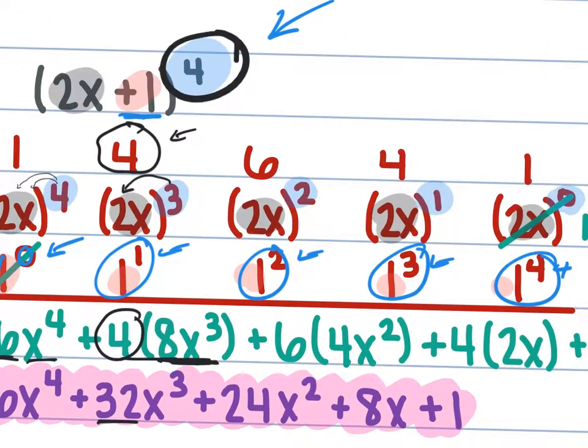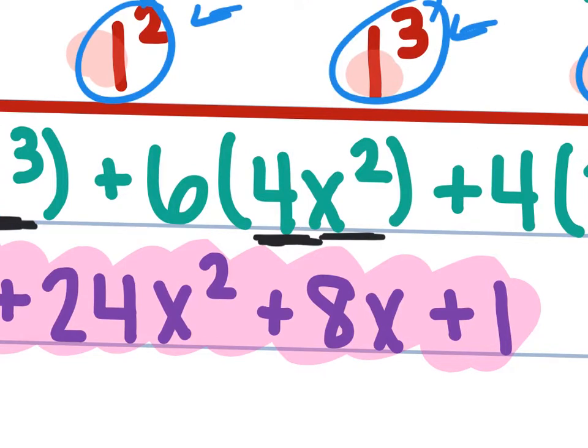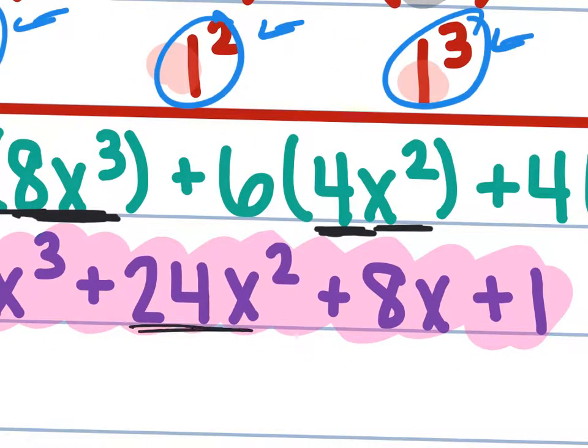Moving on to the next one. 2 squared is 4. x to the second power is x squared, and that is going to be times 6. So we get 6 times 4x squared becomes 24x squared.